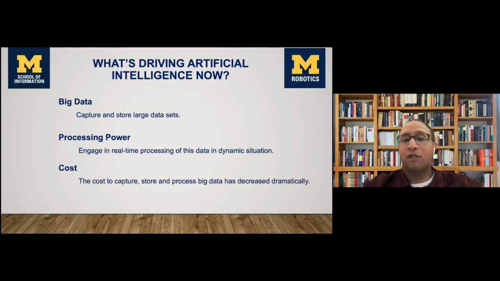And the cost is a whole lot lower. All the data and the processing power is relatively cheap. It's gotten disproportionately cheap over the last 10 to 15 years. So almost anybody can do this, right? I mean, small businesses can purchase this equipment and use these approaches. So that's really driving the phenomenon now of artificial intelligence via machine learning.